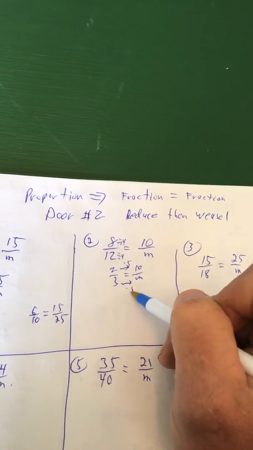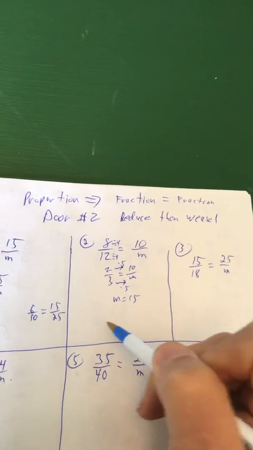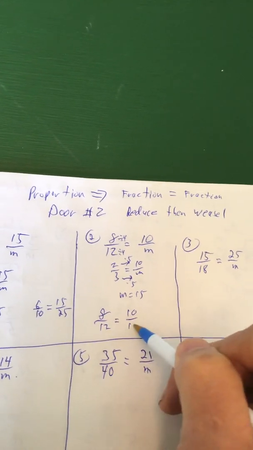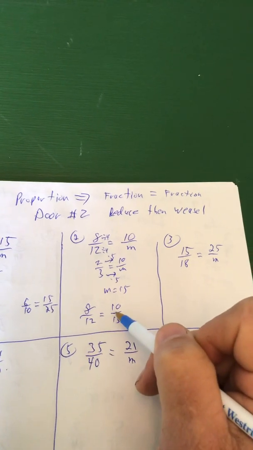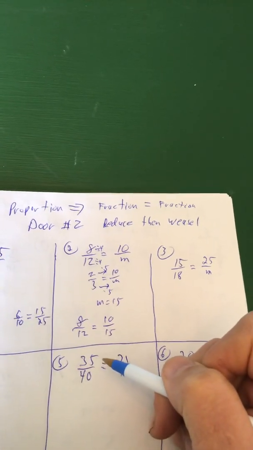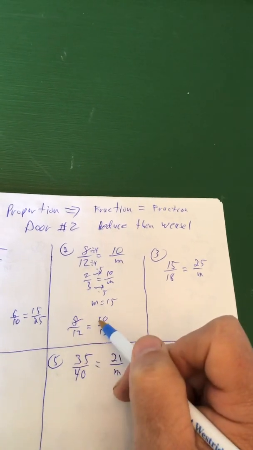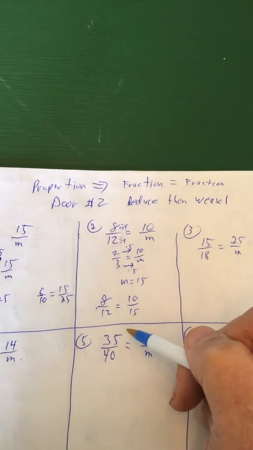So that's times 5. And so m equals 15. And so I can write 8 over 12 equals 10 over 15. This fraction reduces to 2/3. This fraction reduces to 2/3. I know they're right. 120 equals 120. Criss equals cross. That'll be door number 3 when we show it.